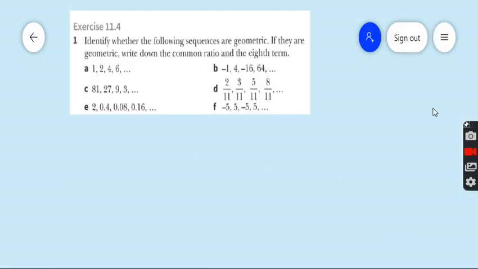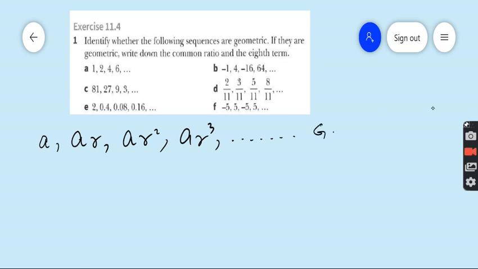Ratio means, suppose that if we have a first number a, the second number is ar, the third number is ar square, then ar cube, and so on, then this progression is called geometric progression because the ratio is same.